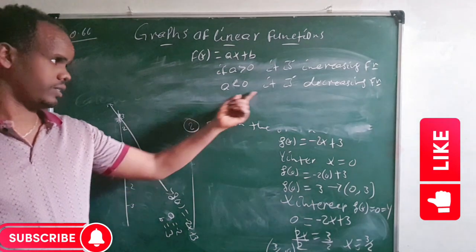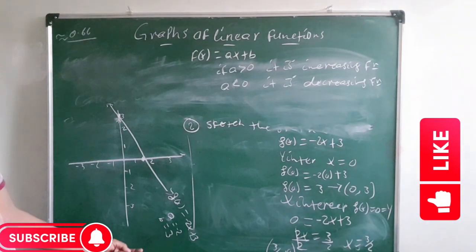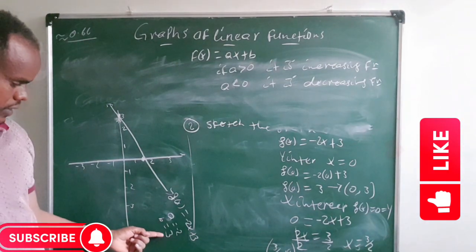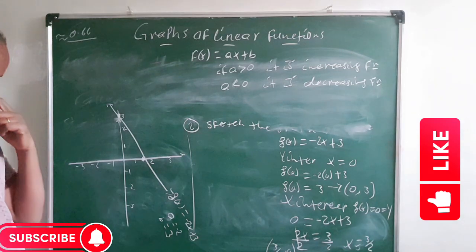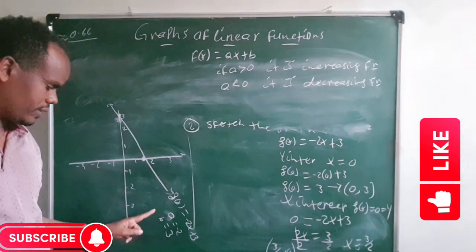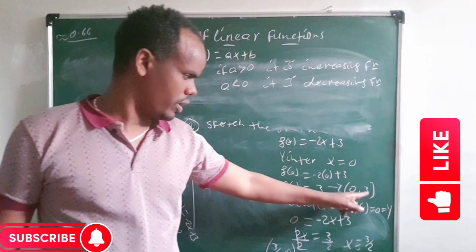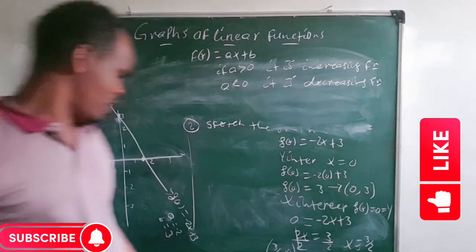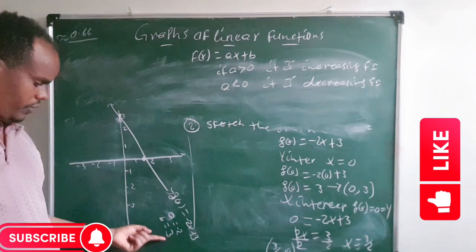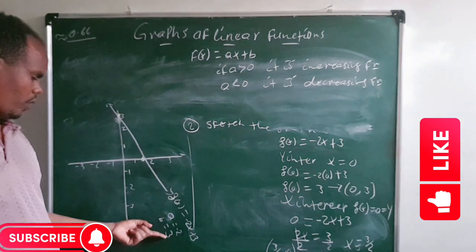And b = 3 indicates the y-intercept is at 3, or in ordered pair, (0, 3).